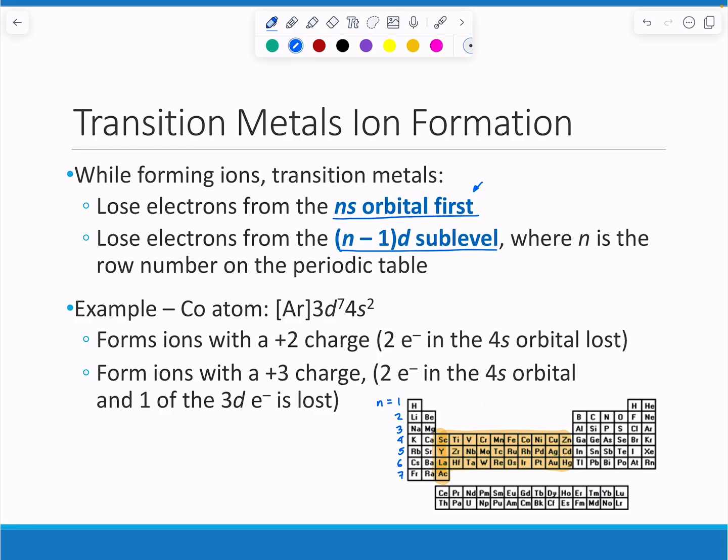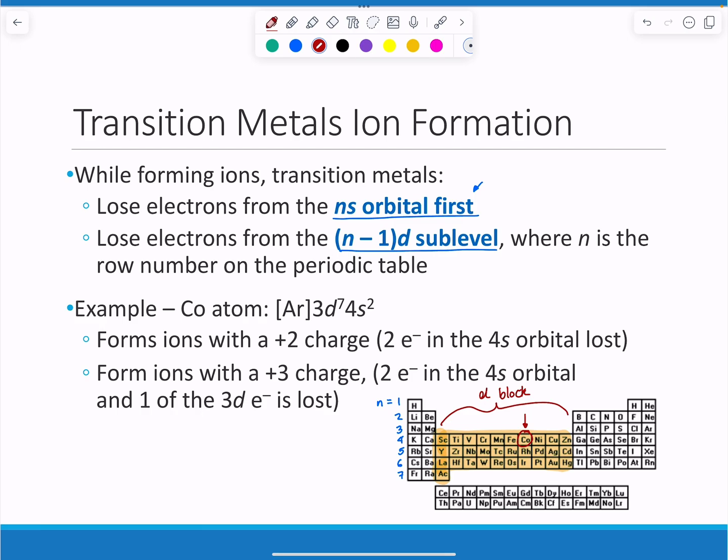So for example, let's look at cobalt. Let's find cobalt on the periodic table. It's right here. Remember, these guys right here are in our d block.